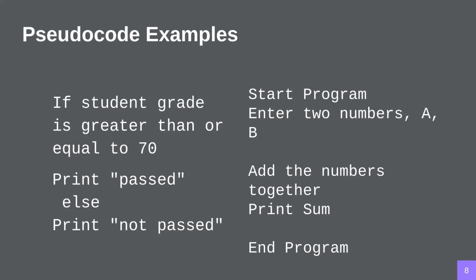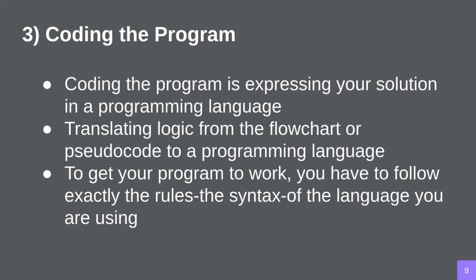Now, stage 3 of the programming process is coding the program. So coding is just expressing your solution in a programming language. So up until this point, we can change the language that we're going to use. Okay. At this point though, we have to pick a programming language. And in this course, we're going to use Python, but you could use Java, JavaScript, C#.